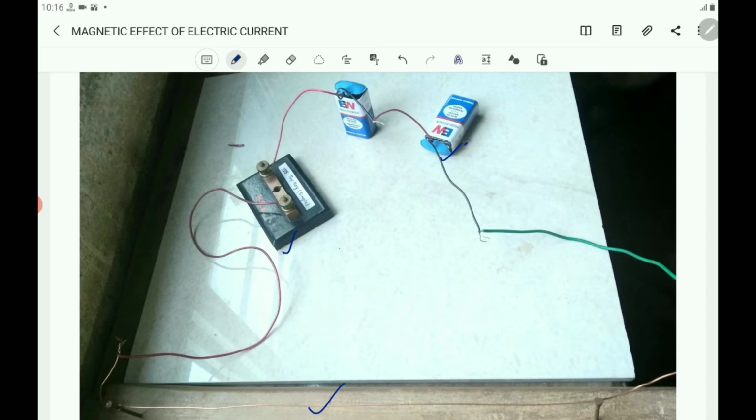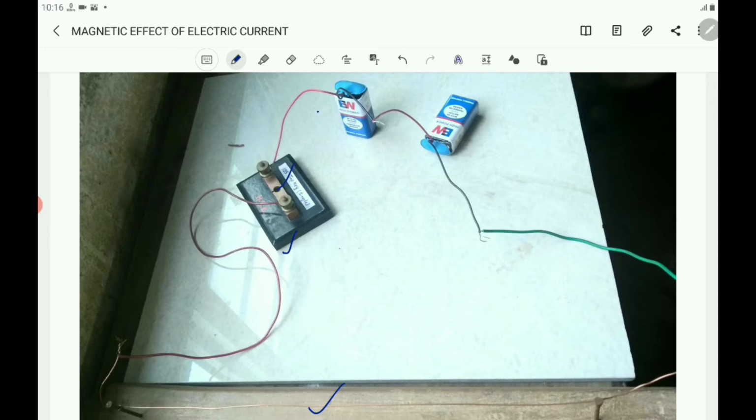Now if you connect the positive end here, you must connect the negative end of the battery to the other end of the plug key. Here the circuit is open because the plug is not inserted.